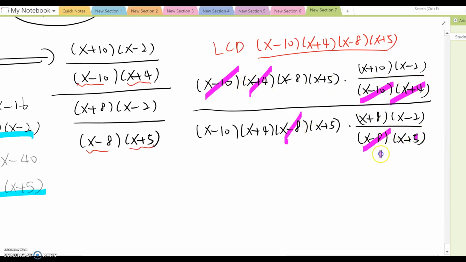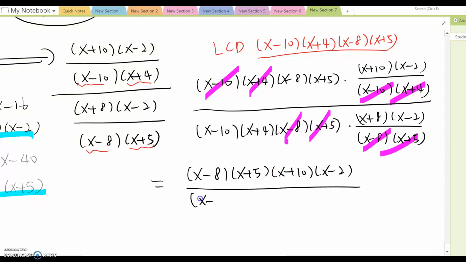then the answer becomes (x minus 8)(x plus 5)(x plus 10)(x minus 2) over (x minus 10)(x plus 4)(x plus 8)(x minus 2).